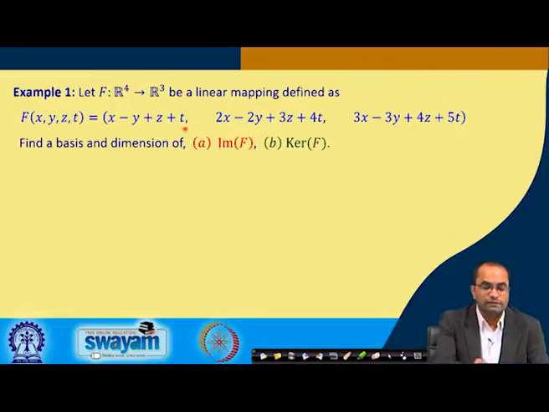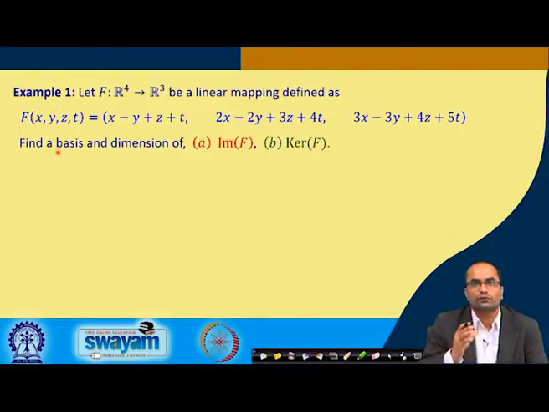So this is an element from R^3 and this is an element from R^4, so f maps an element from R^4 to an element in R^3.